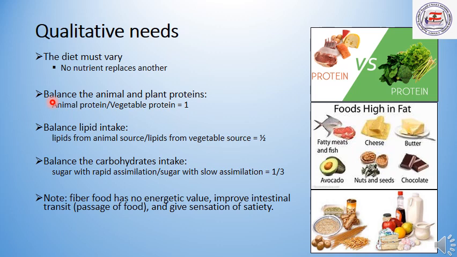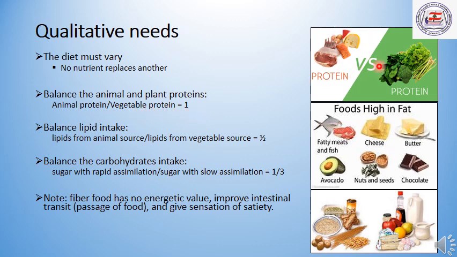To dig in deeper, one must know that also the origin of proteins, whether animal or plant, makes a difference. For example, one must have a balance between animal and plant proteins according to this specific equation. Animal proteins divided by vegetable proteins should be equal to 1.